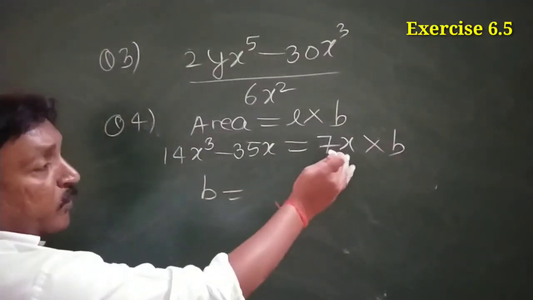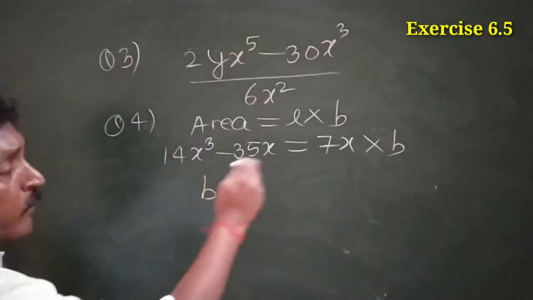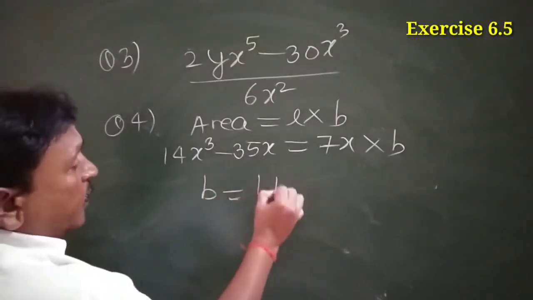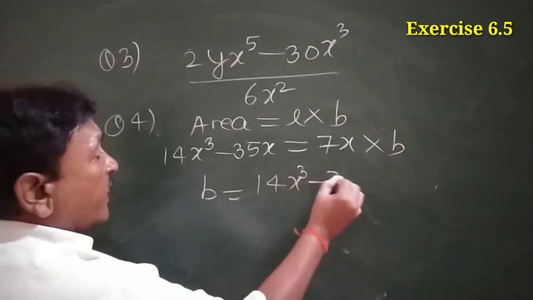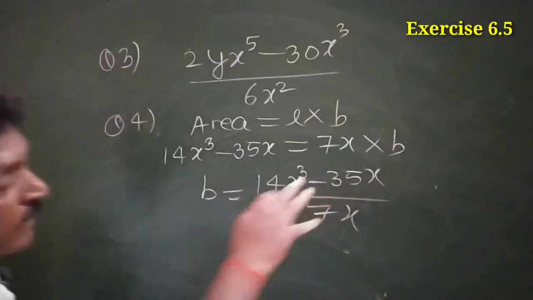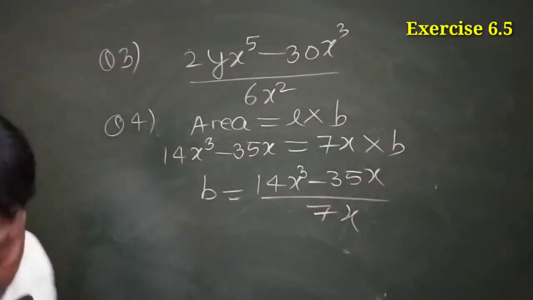So we have to transpose 7x to here, so it will go in division. It means the value of B will be 14x cube minus 35x upon 7x. Now just do the division, you will get your answer.